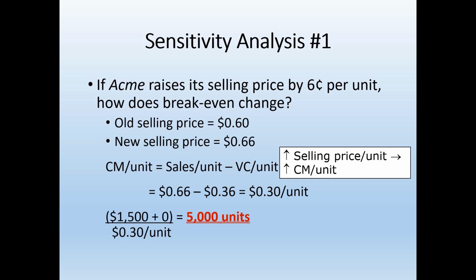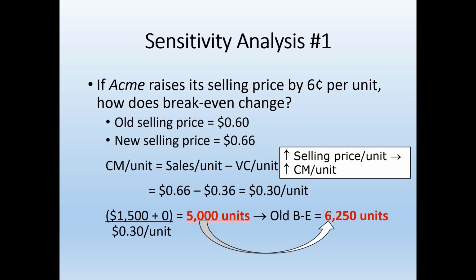Now we can plug the new contribution margin into our formula for break even. The firm has $1,500 of fixed costs. When we divide by 30 cents per unit contribution margin, that tells us that the firm now has to make 5,000 units in order to break even.